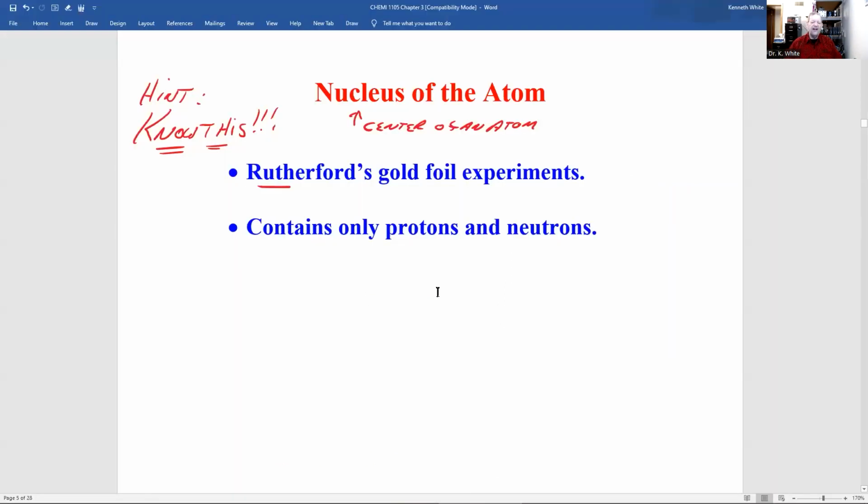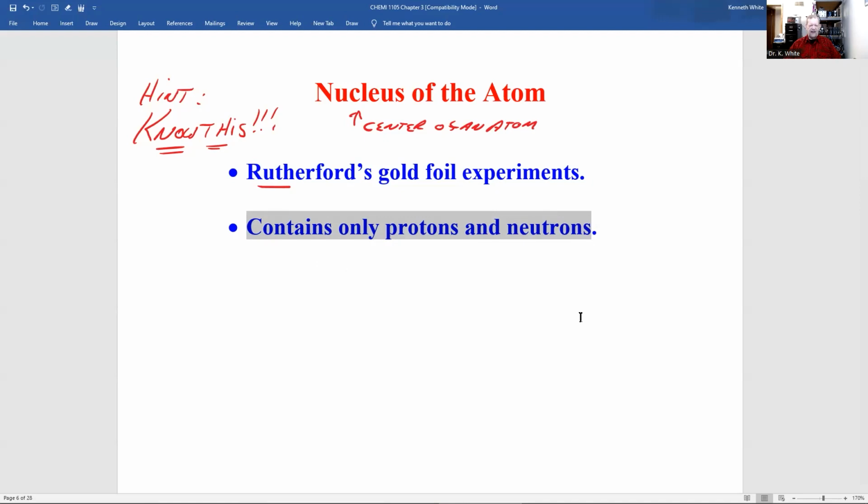Now, from that and other information, you should know Rutherford was able to elucidate that the center of the atom, which is very dense, called the nucleus, contains only protons and neutrons.